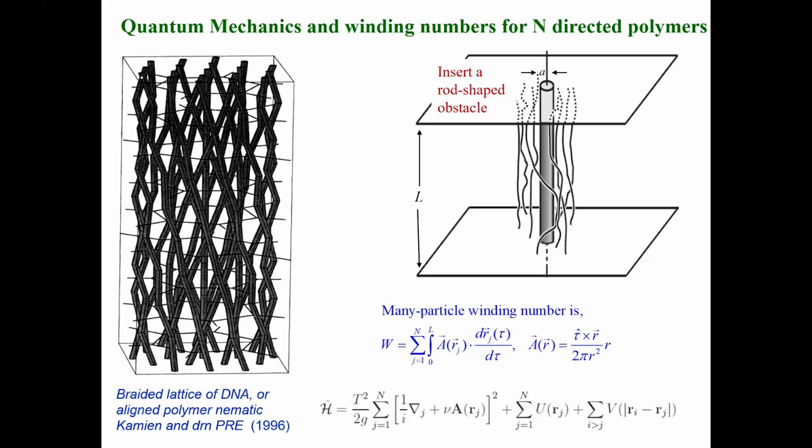You might ask, does that pair potential between these polymers matter? And for most of the problems that we're interested in, that pair potential acts in the plane. So you slide up and down. If they're nearly straight, then you can get away with a pair potential that just depends on the 2D position of these objects. And then this Hamiltonian that's going to control the winding number is basically a kinetic energy operator with a vector potential.